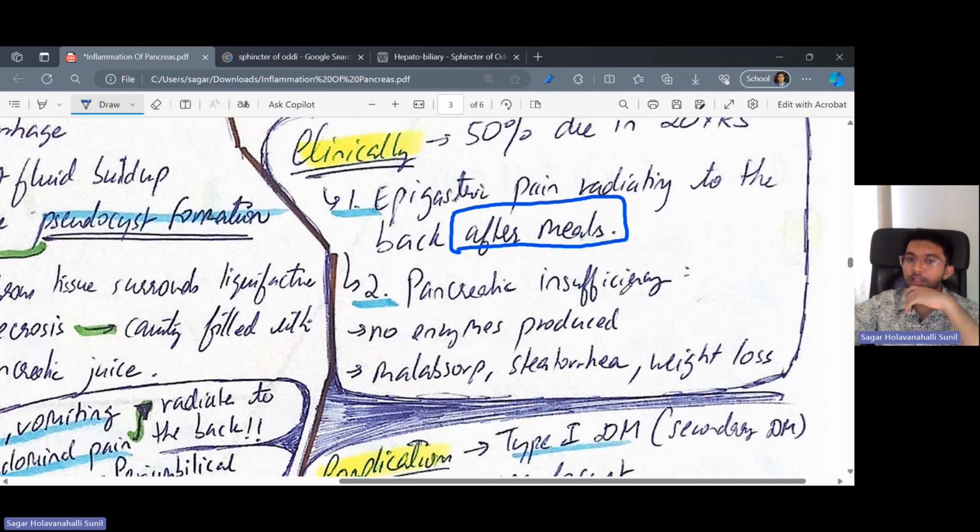Then there'll be mainly pancreatic insufficiency, where the pancreas is insufficient in performing its functions. Why is it insufficient? Because no more enzymes are being produced, because the exocrine glands of the pancreas, or the pancreatic acini, are destroyed.